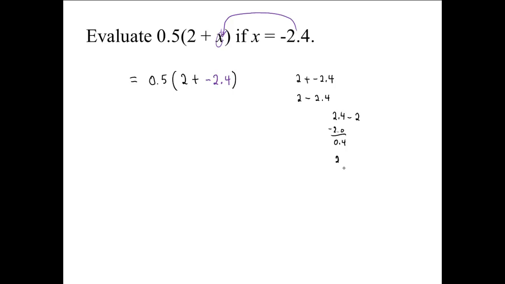So in other words, 2.4 minus 2 is 0.4. Then here's a trick, if you can call it that. Switching the order back, 2 minus 2.4 is negative 0.4. So inside the parentheses we have negative 0.4.